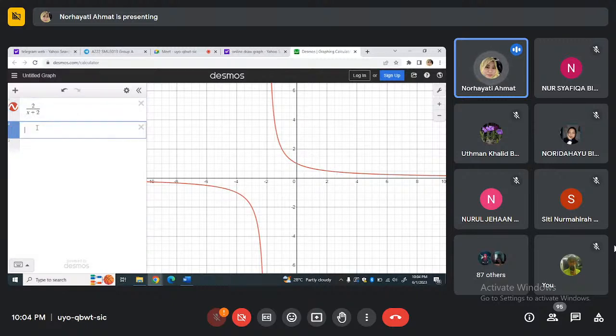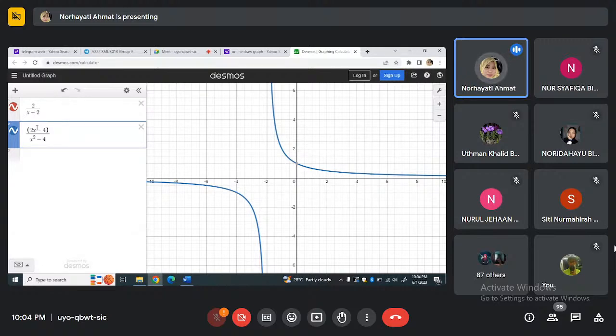Original function, we have 2x minus 4 divide x square minus 4. Sama.